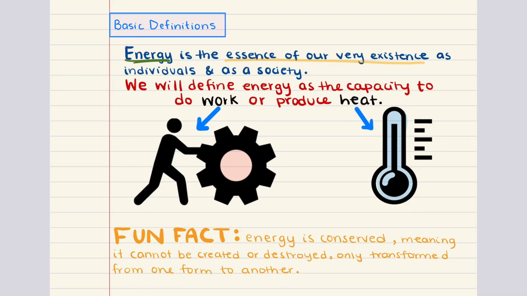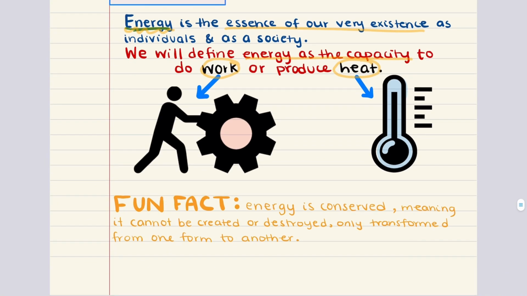And while the concept of energy is quite familiar to us, energy itself is rather difficult to define precisely. So in our lecture today, in this video, we're going to define energy as the capacity to do work or to produce heat. One of the most important characteristics of energy is that it is conserved.